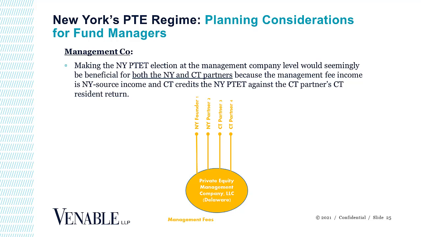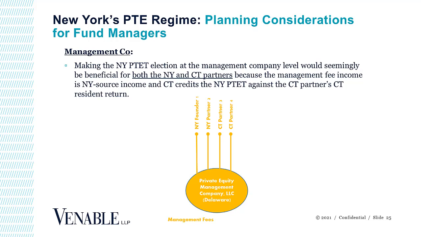You normally don't think about it that way, but you want as much income to be eligible for this pass-through entity tax, because then your owners can get a credit for that tax. So you're sort of in the upside down world where you want the income to be passed through taxable income.